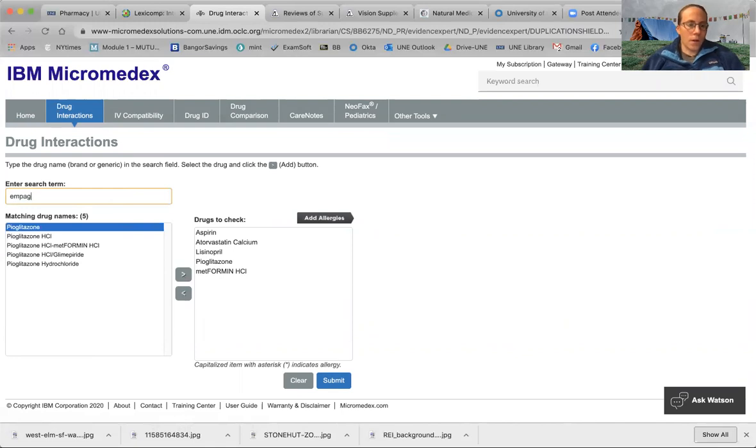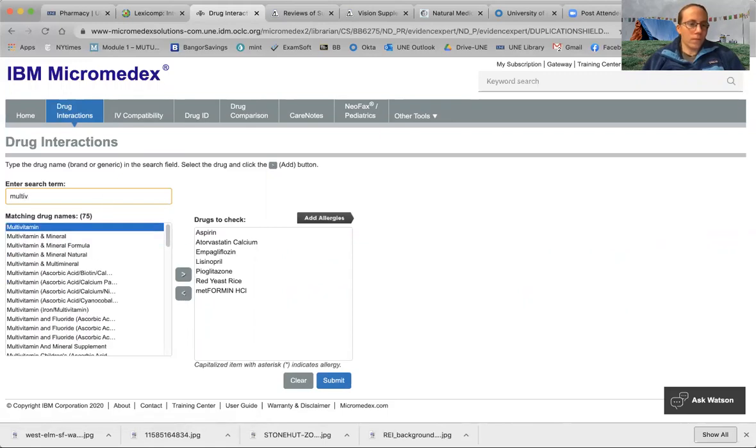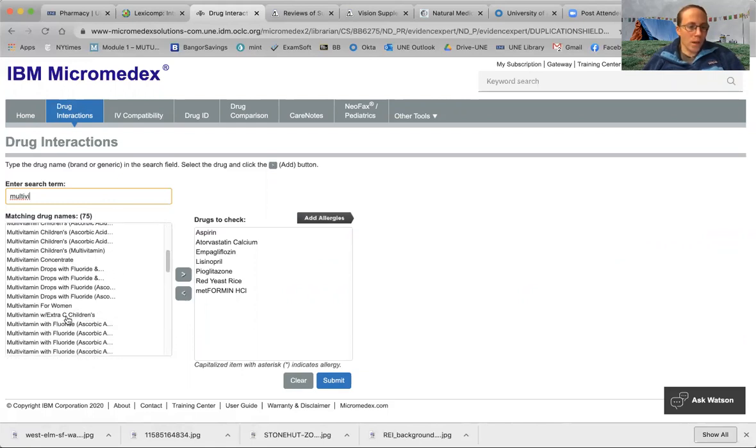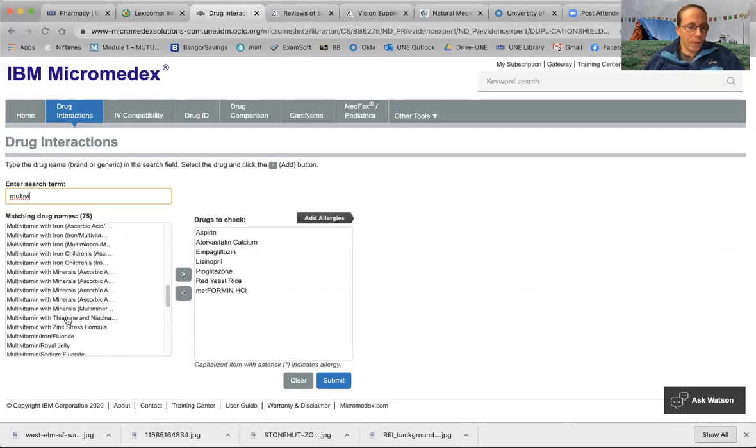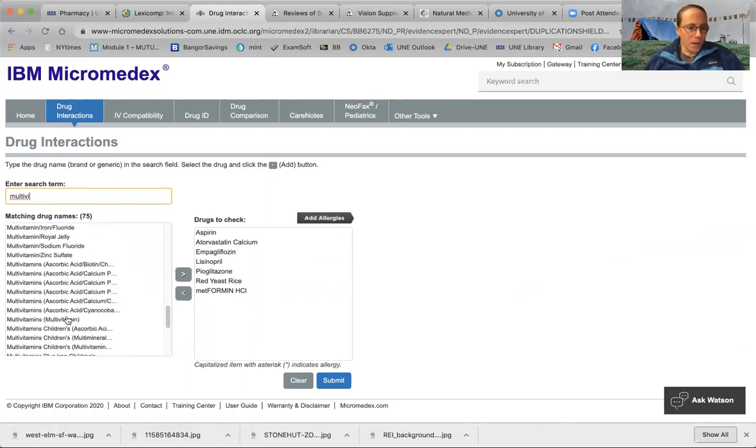Pioglitazone, and pagliflozin. We had atorvastatin. I already put that in. Let's see if they have red yeast rice. Yes, they do. What do they have for multivitamins? Wow. They have almost all of them. Awesome.